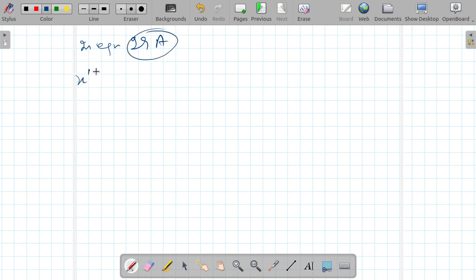Using these values in equation number 29a, I am getting x prime naught is equal to 1 over 1 minus beta square under the root x naught plus minus beta over 1 minus beta square under the root x1.